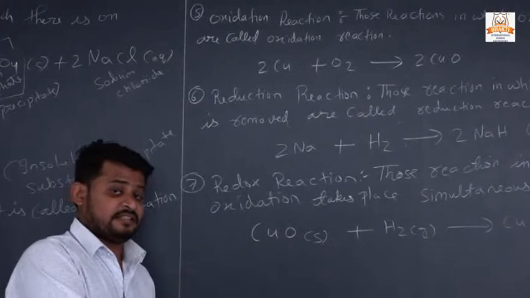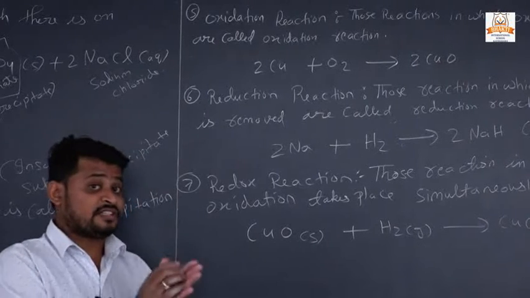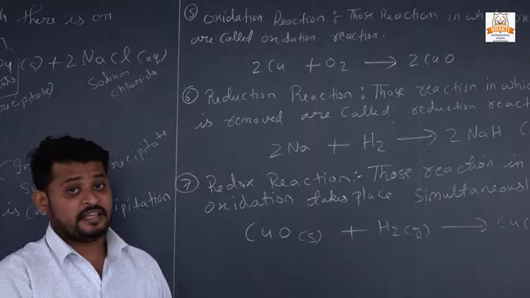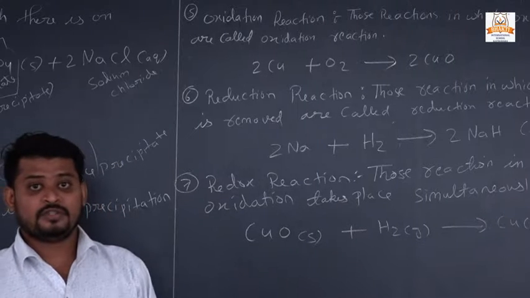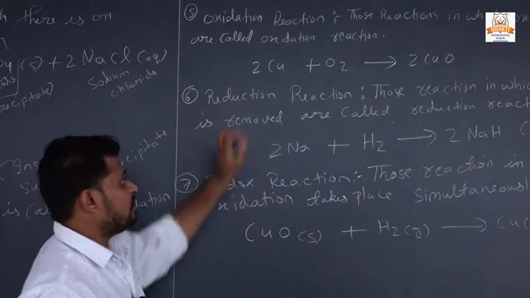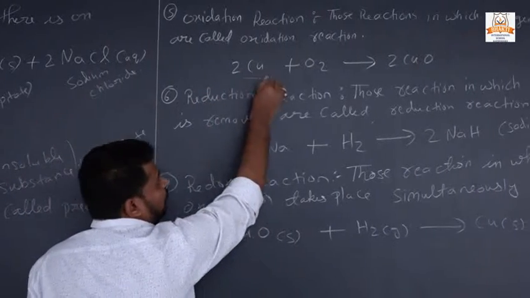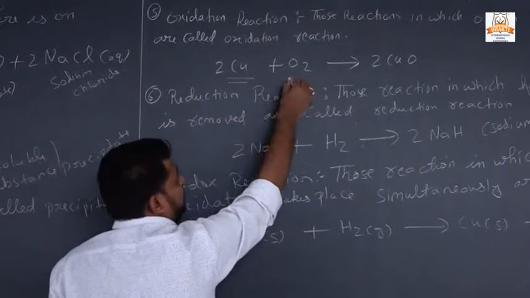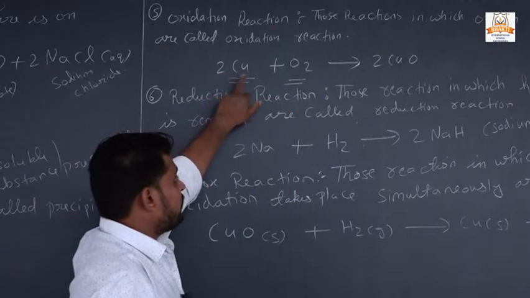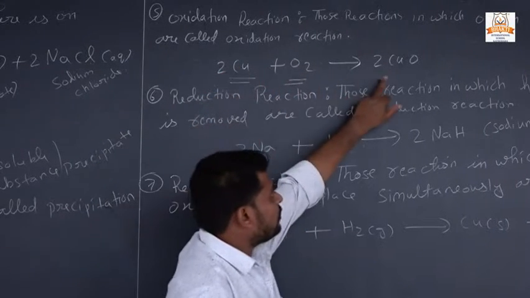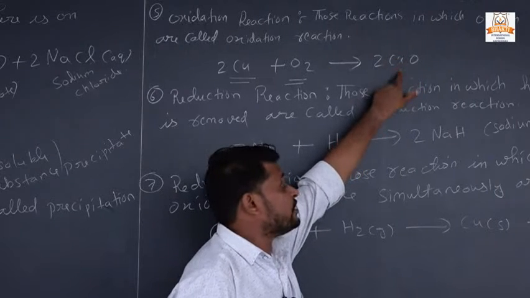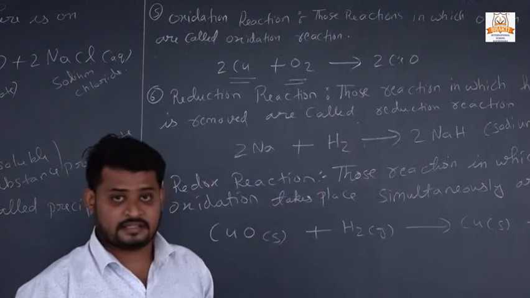If oxygen is added, it is called an oxidation reaction, and if hydrogen is removed, it is also called an oxidation reaction. See this example. Copper reacts with oxygen. What happened in the product? Oxygen is added to copper, so it is called an oxidation reaction.